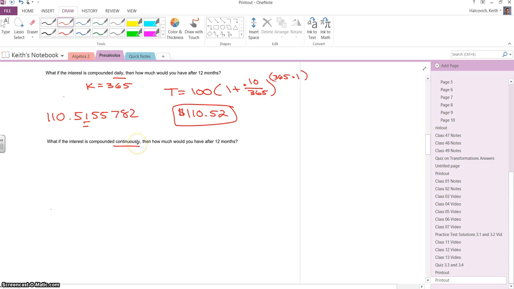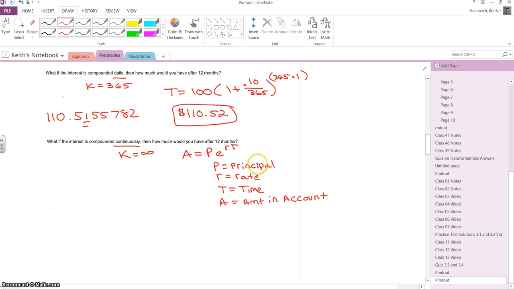Compounded continuously. Compounded continuously means that it's compounded all the time or infinitely. If it's compounded continuously, this is where you're going to use E. So it's going to be A equals PE to the RT, where P is the principal, R is the rate, and T is the time, and A is the amount in the account.